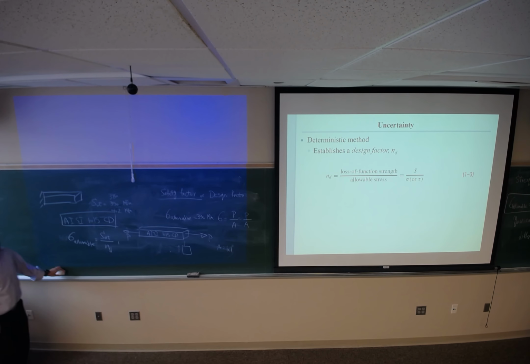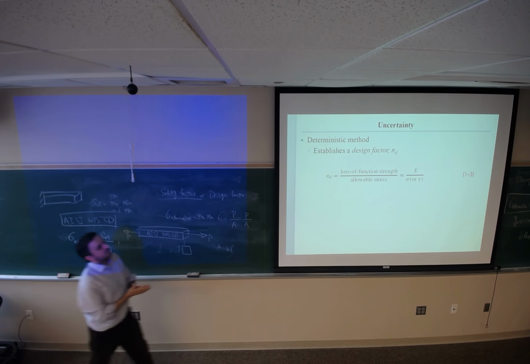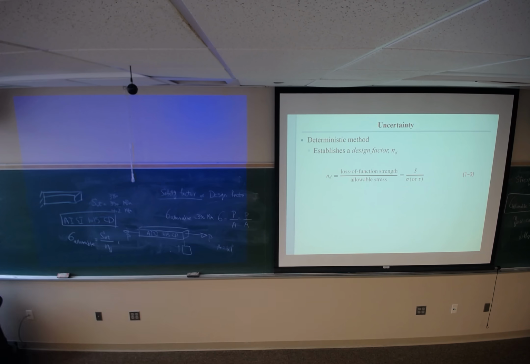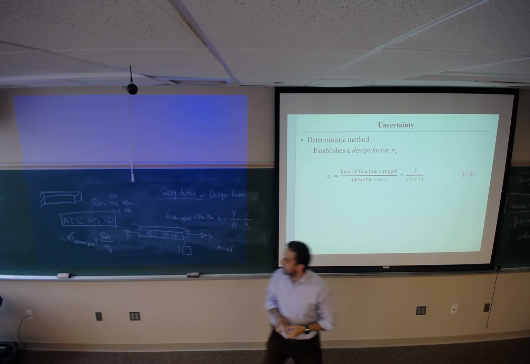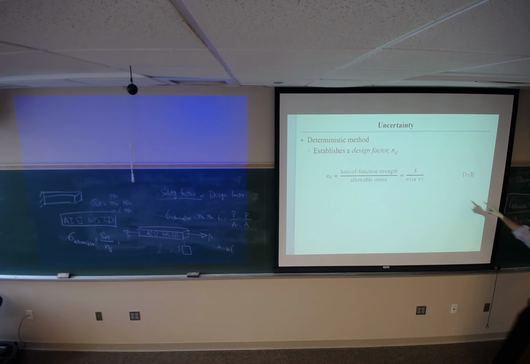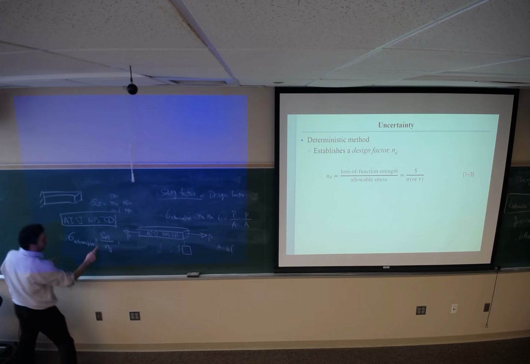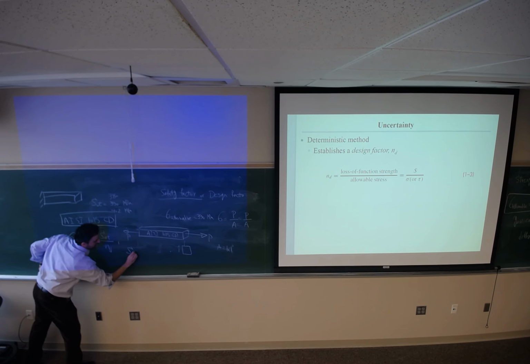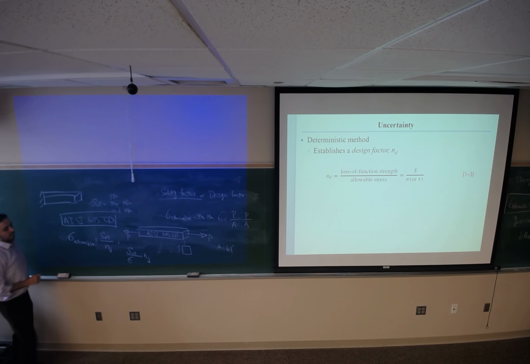So this is the definition of factor of safety or design factor. Why do we need design factor? Because we have uncertainty in the nature of the design. So S is the strength. How can I find ND? This is another form of this equation.